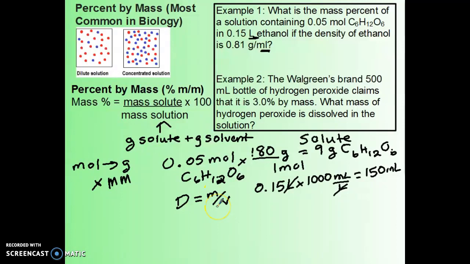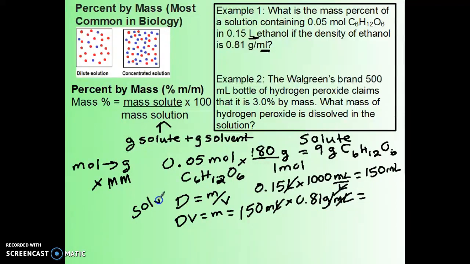So we need to multiply on both sides by V. So D times V equals M. So that means that my mass of solvent will be 150 milliliters times 0.81 grams per milliliter, my density. Okay? And as you can see here, milliliters cancel and we're left with grams, which is what we want when we're looking for mass. And this is going to be our solvent. Make sure that's written clearly.